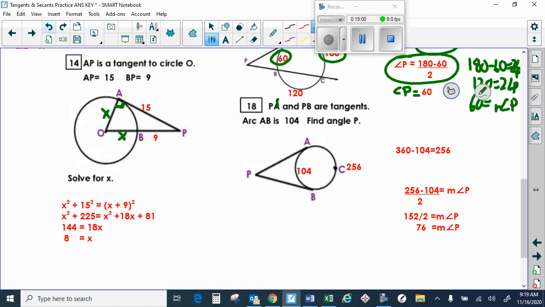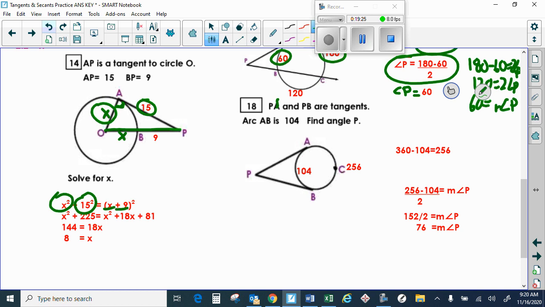So now I have the Pythagorean theorem. X squared plus 15 squared, the sum of the two legs squared, equals the hypotenuse. That hypotenuse is x plus 9 quantity squared. So now I have to remember my algebraic skills for squaring a binomial. When I square a binomial, I square the first term, so x times x is x squared.